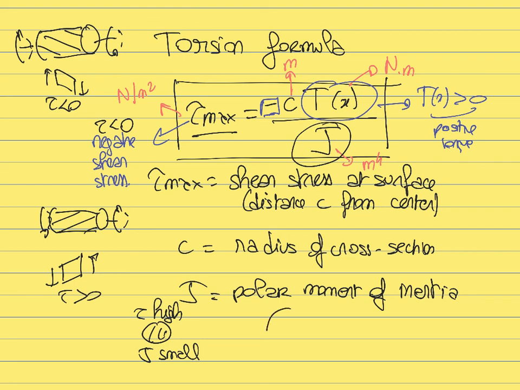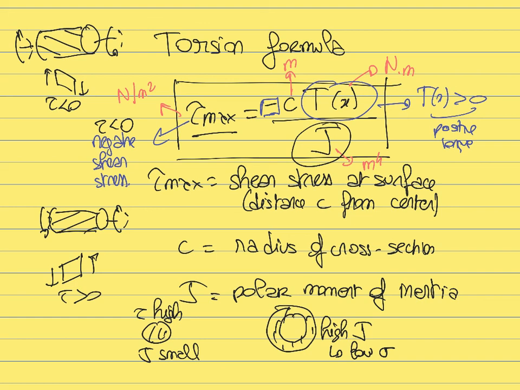But on the other hand, if you have a beam like this with a high polar moment of inertia, then it will tend to induce a pretty low stress, because the stress is inversely proportional to the polar moment of inertia. So the larger the polar moment of inertia, the lower the stress in the shaft will be.